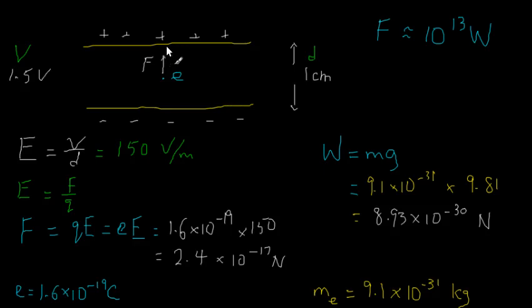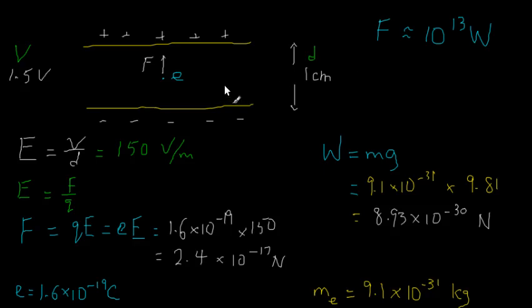So for voltages and distances that people are familiar with, for these typical voltages and distances, the kind of force that we can get on an electron would always be much bigger than the weight of the electron.